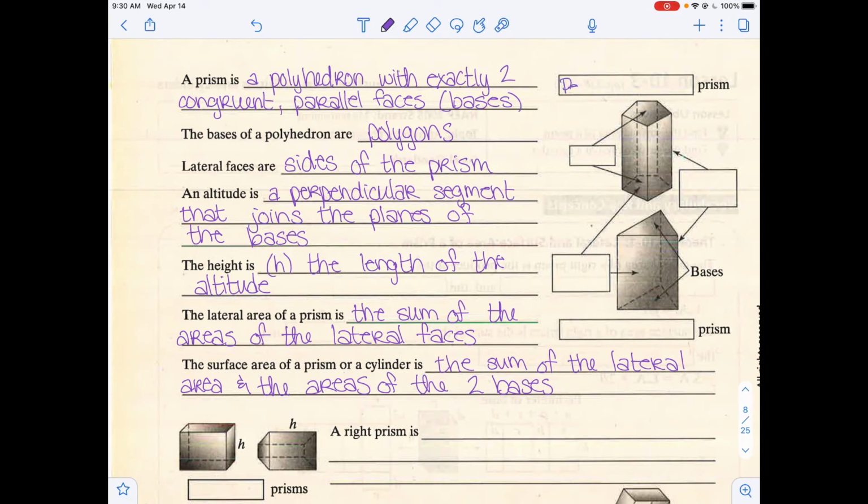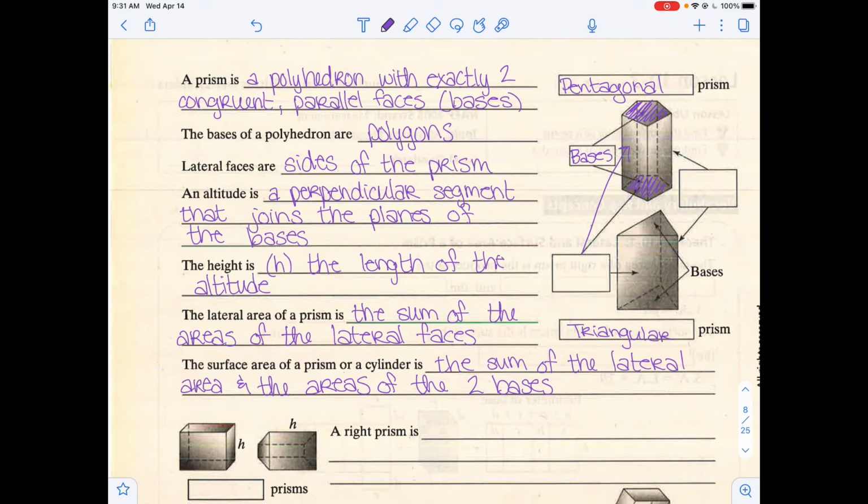Okay, so here we have a pentagonal prism. It has 5 sides on the base. Okay, these two pentagons are the bases. Okay, and then down here we have a triangular prism. Okay, and this arrow is actually pointing at the side of this.